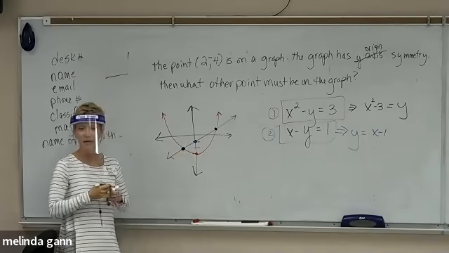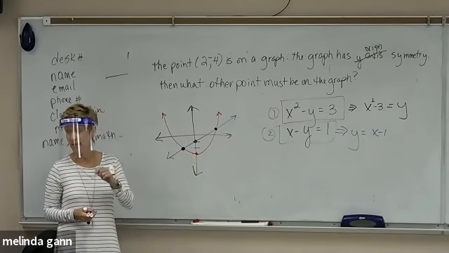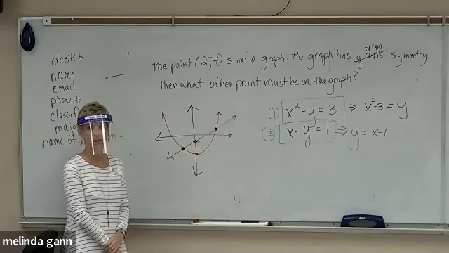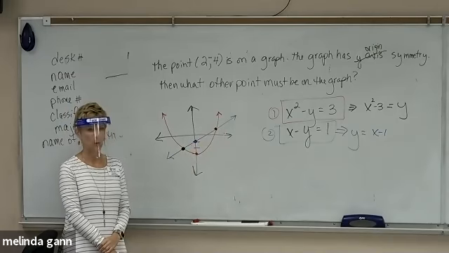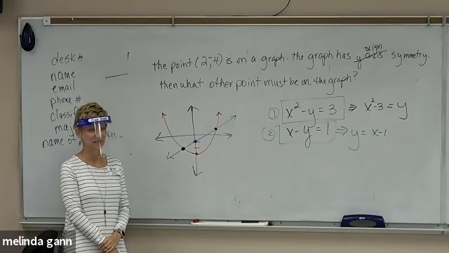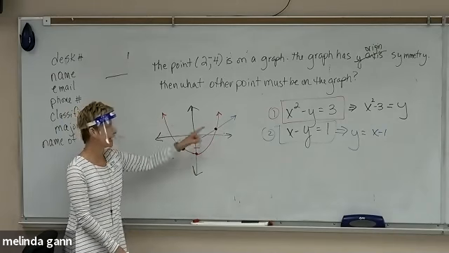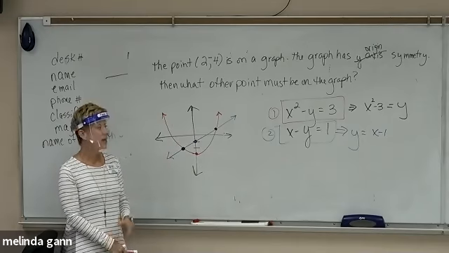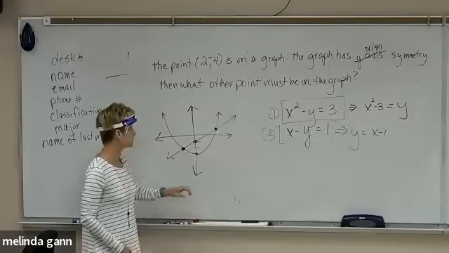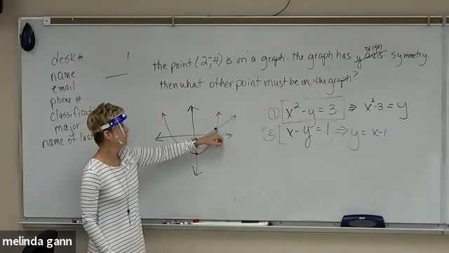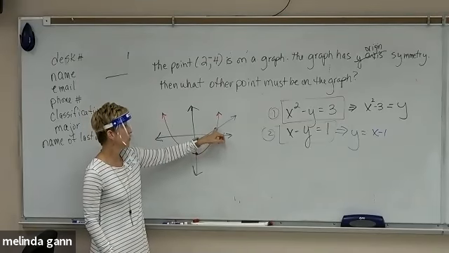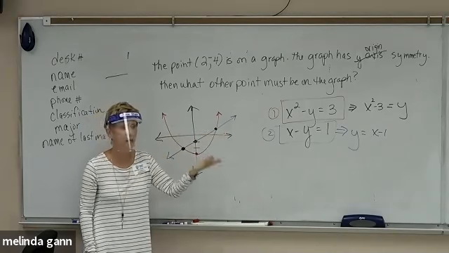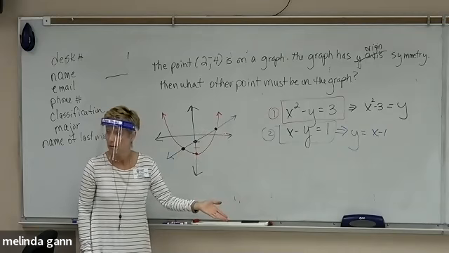Okay. Now again, if you take your grapher and you hit that trace key, it's going to give you a decimal approximation here and a decimal approximation here. Am I going to like that? I need to know exactly what that point is and exactly what that point is. Now, here's what's unique about this. Whatever this point is, the x-coordinate on the red parabola, if it's 4, the x-coordinate on the blue line is also going to be 4, right?